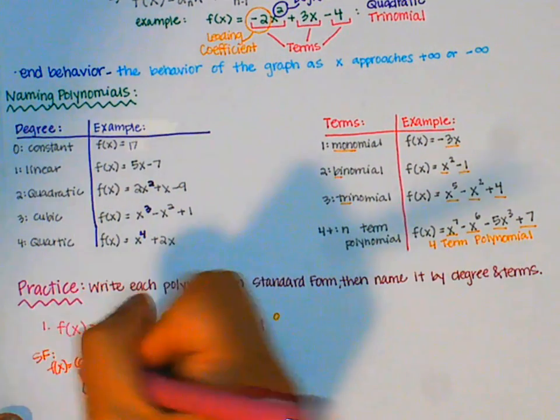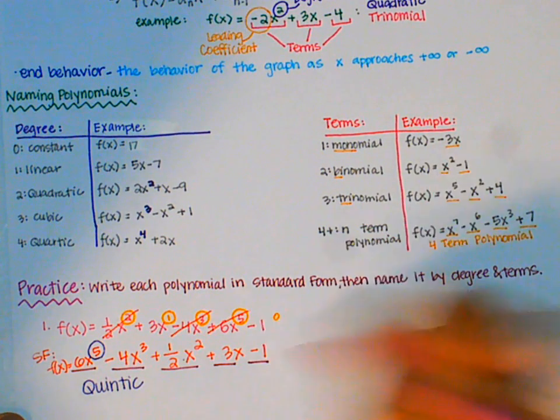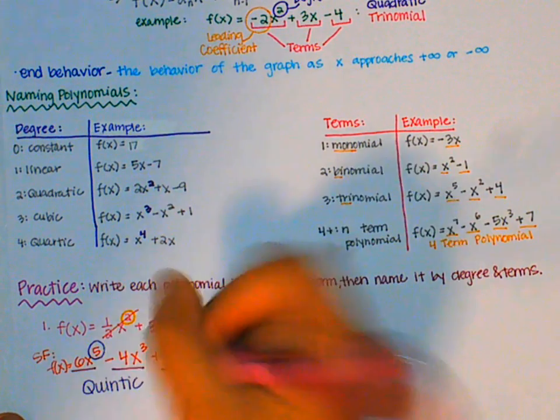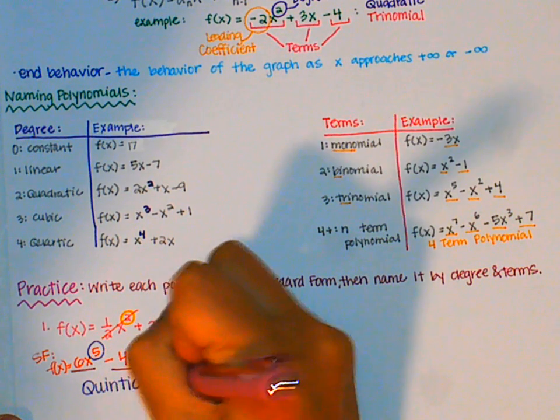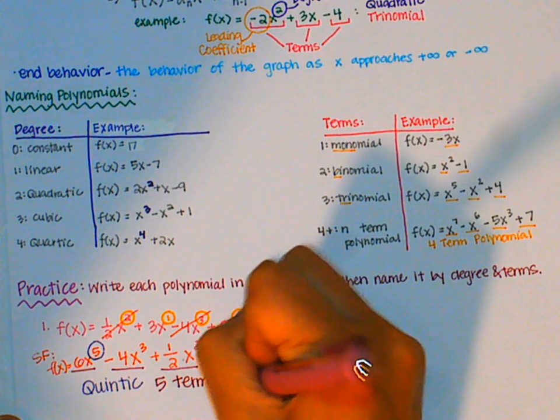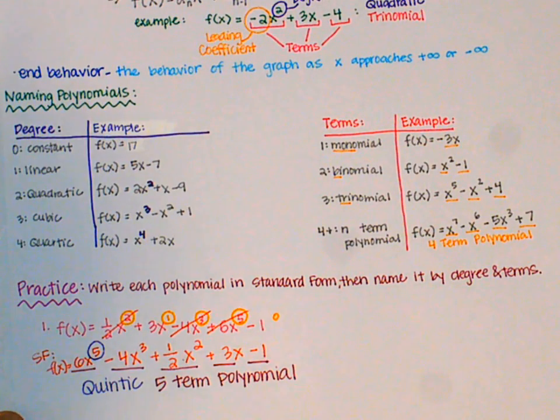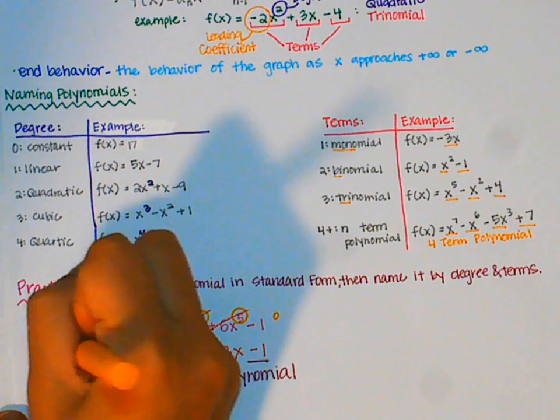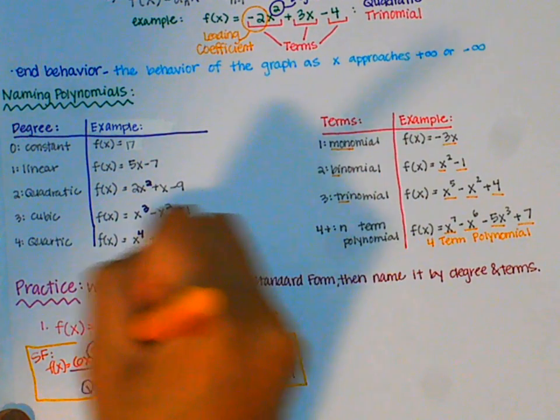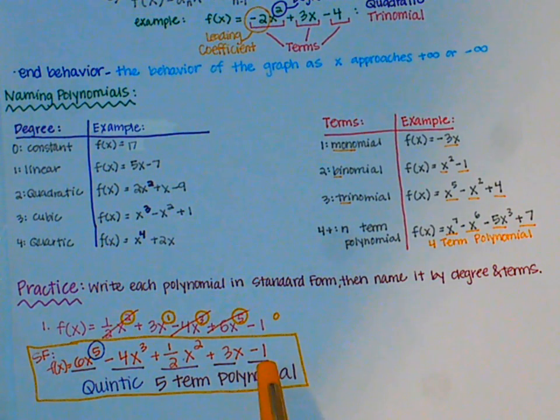So here I have 1, 2, 3, 4, 5. So since it doesn't have a specific name, I'm going to say it's a quintic 5-term polynomial. And that gives me exactly what I am looking for. It gives me my equation in standard form, and it gives me my name.